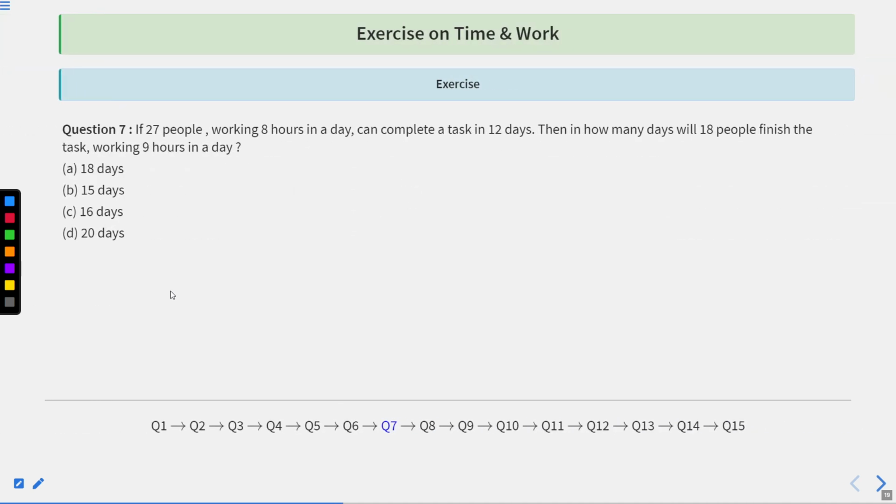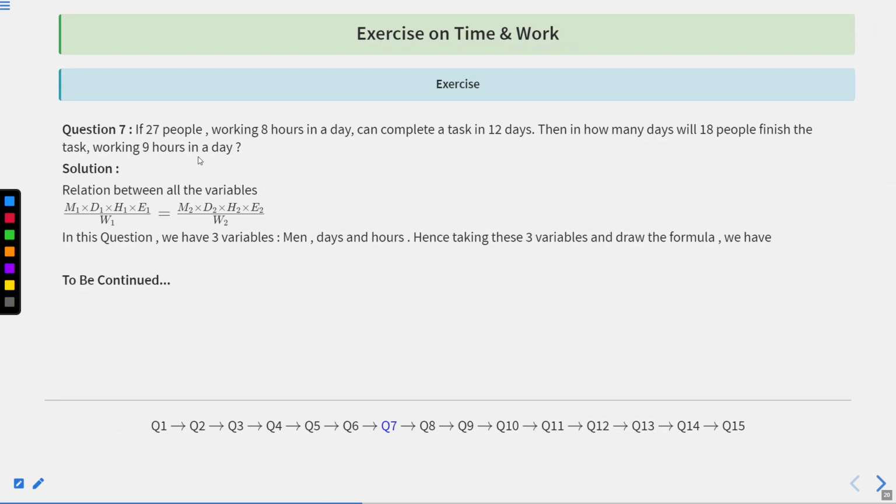Question number 7. If 27 people working 8 hours each day can complete a task in 12 days, then how many days will 18 people take to finish the task working 9 hours a day?